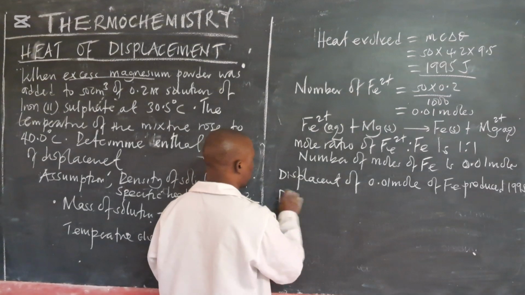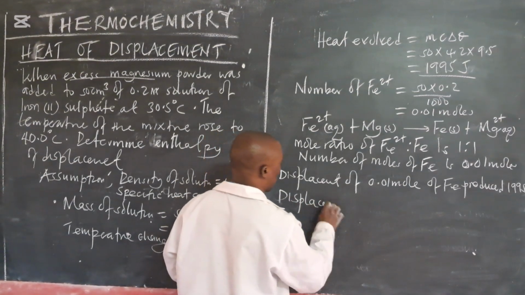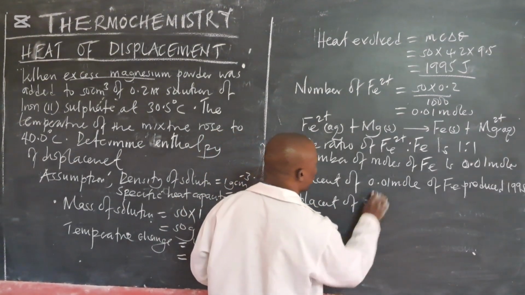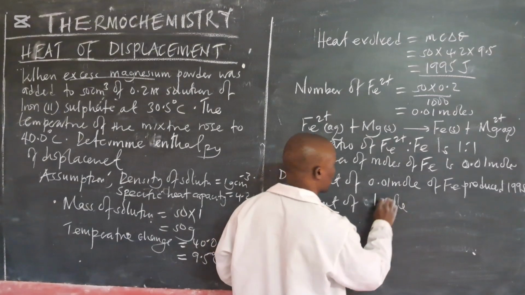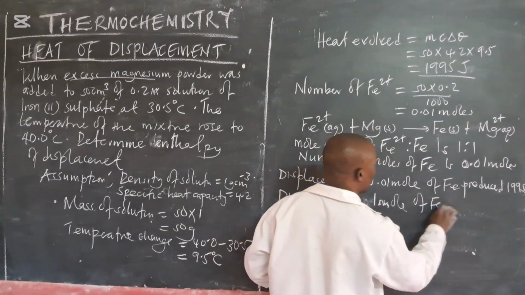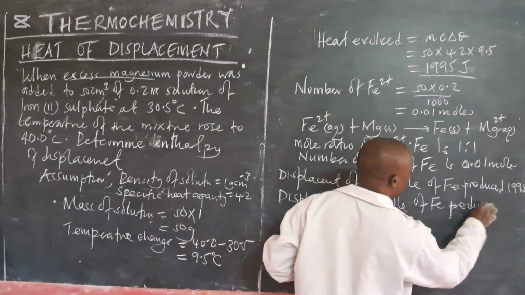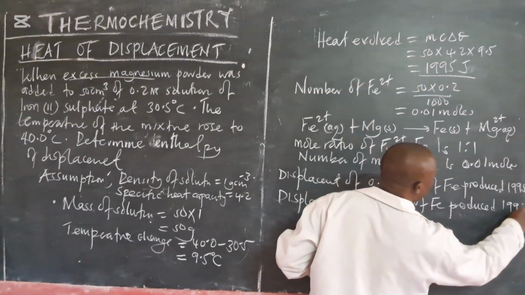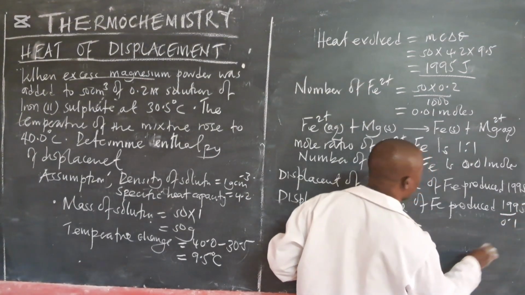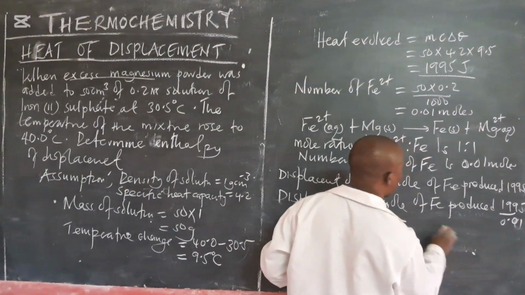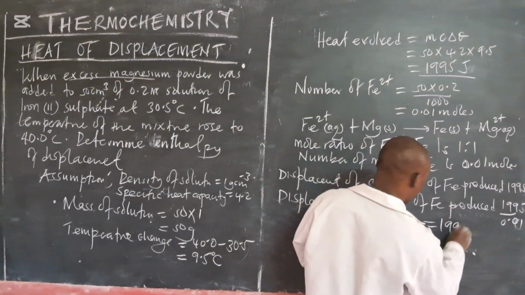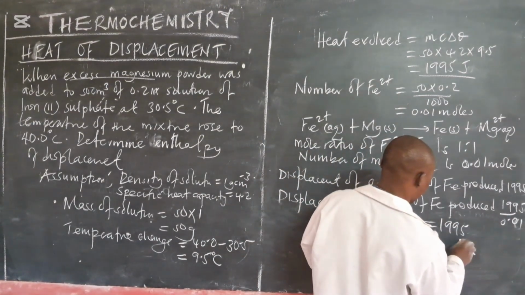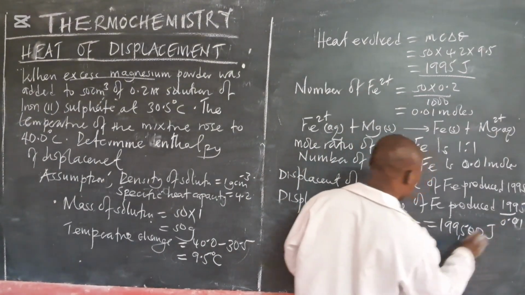So displacement of 1 mole of iron produced 1995 out of 0.01, which is 199500 joules.